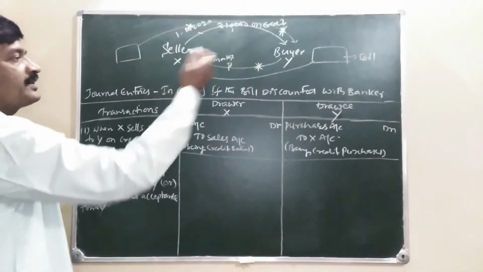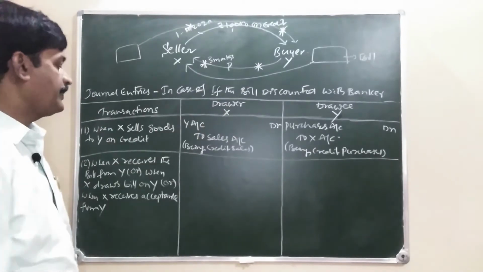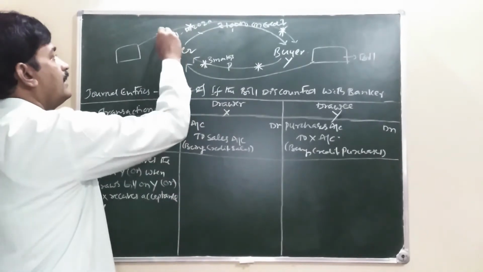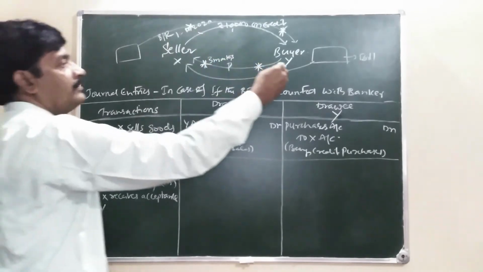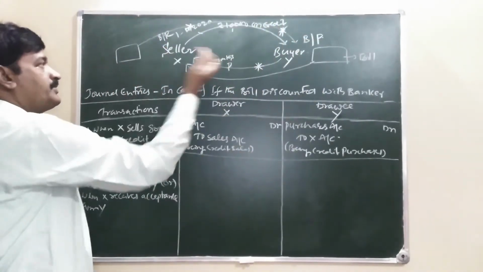What comes in the books of seller? Bill comes in. From the point of seller, it is a bill receivable. From the point of buyer, it is a bill payable. So what comes in? Bill comes in.